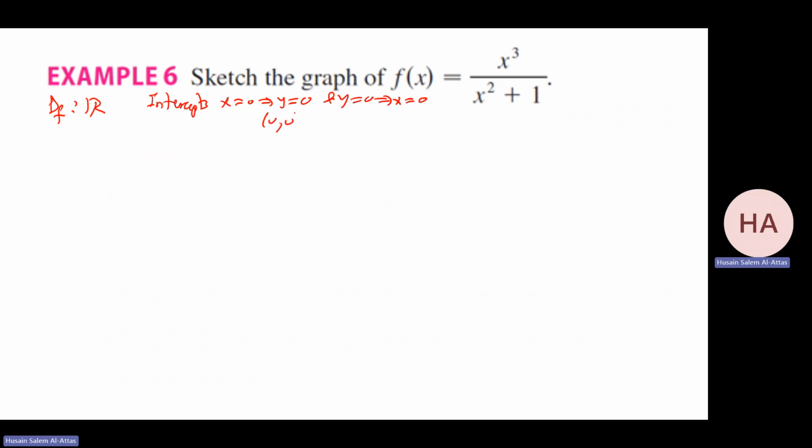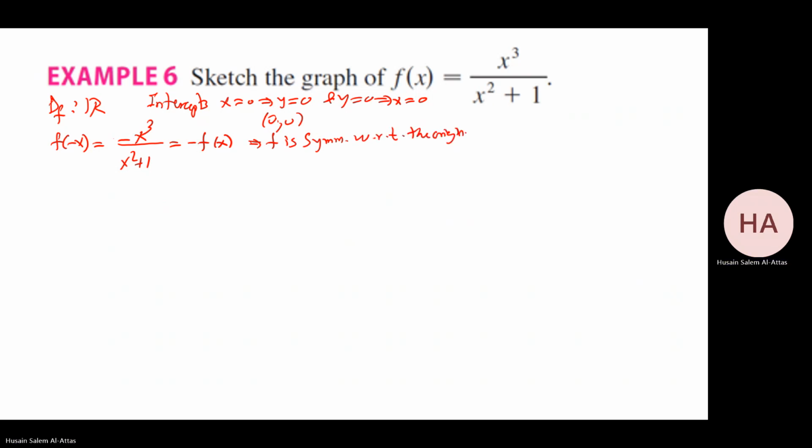So f has the intercept 0, 0. What else? It's an odd function. So f is symmetric with respect to the origin.